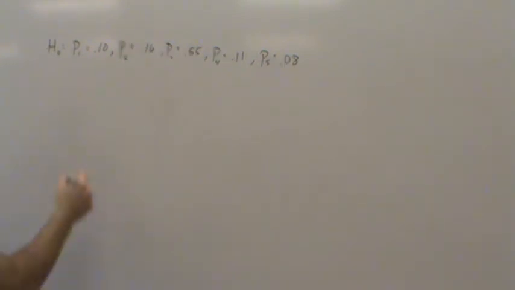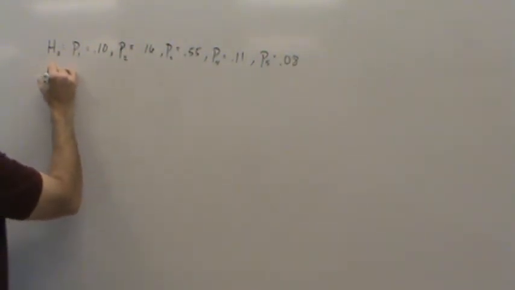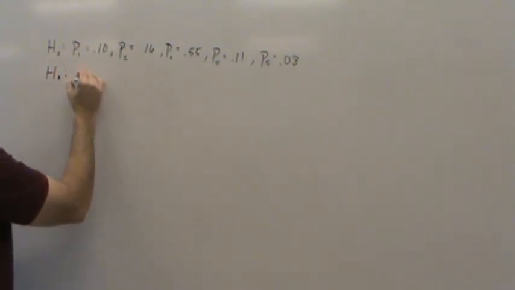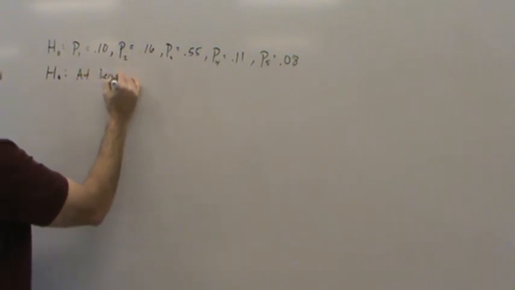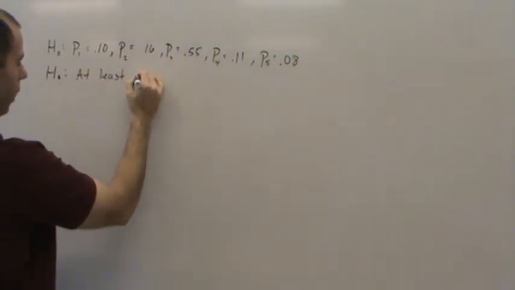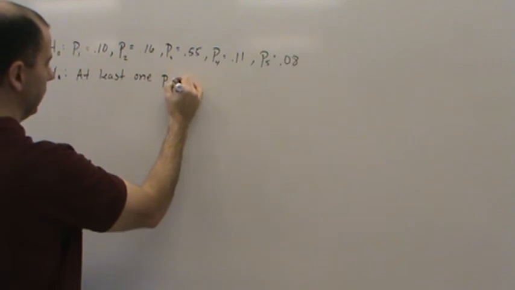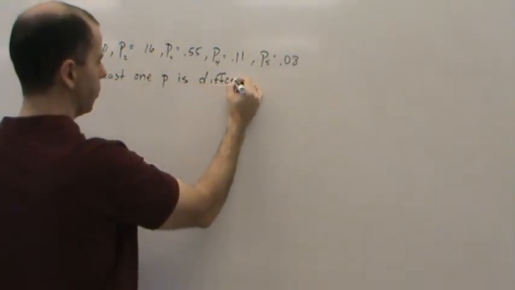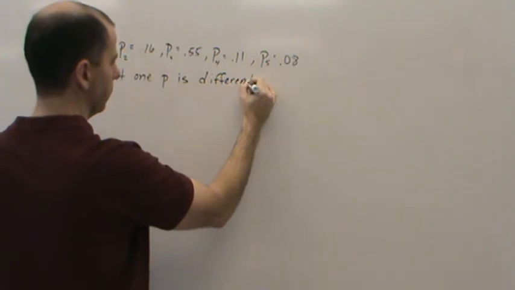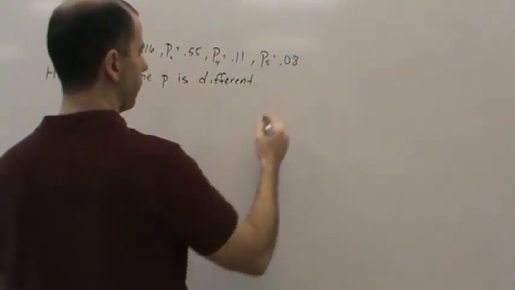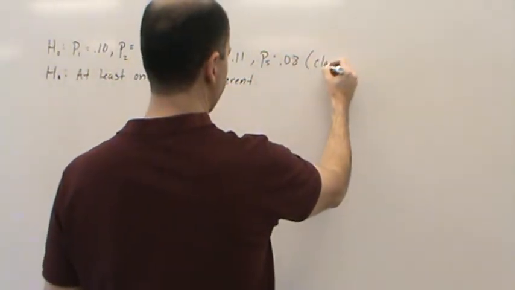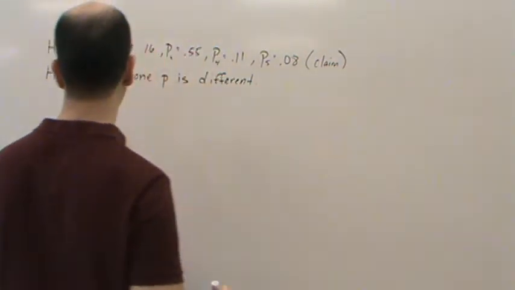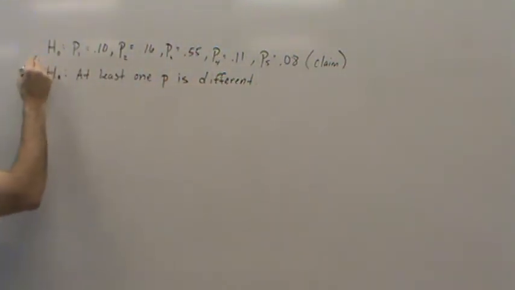Okay, versus what? Well, the alternative is always going to be the same, that at least one proportion is different. Okay, and so this is what we're claiming. This is what we're testing. Okay, and so that's step 1.